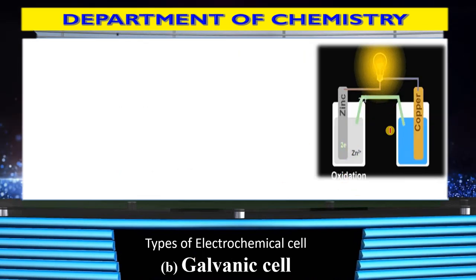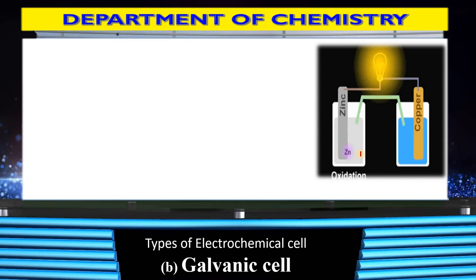Now you can observe here there are two beakers, in which the first beaker contains zinc sulfate, or Zn2+ ion, as an electrolytic solution, and a zinc rod is there. This zinc rod acts as an anode, and another compartment or half cell of this electrochemical cell contains copper sulfate, or Cu2+ ion, as an electrolytic solution, and copper acts as an electrode which is used to gain the electrons, and therefore copper acts as a cathode in this electrochemical cell.